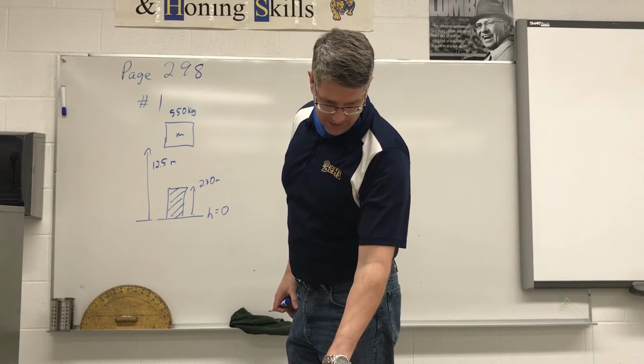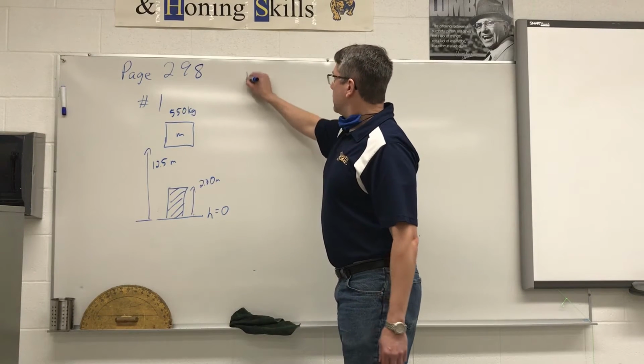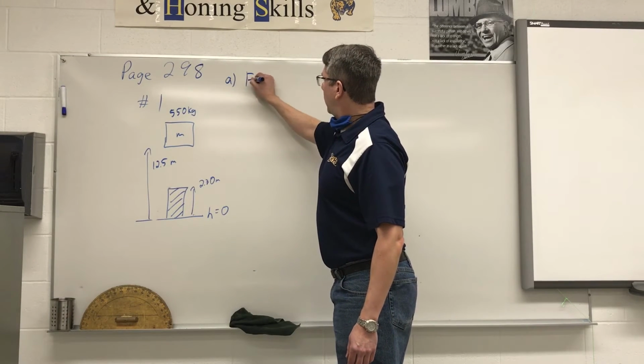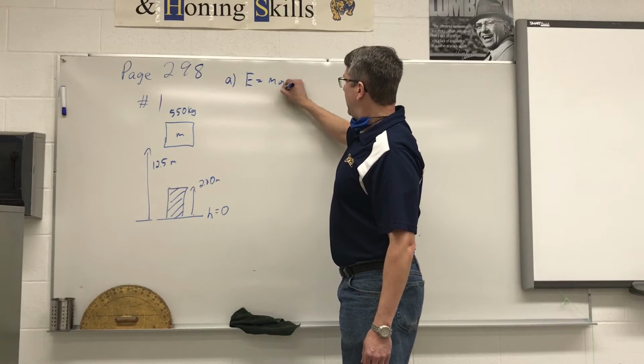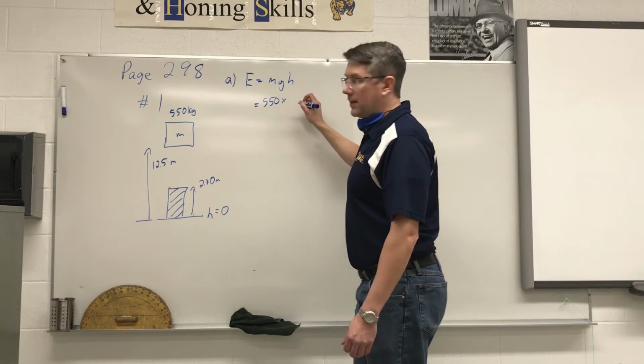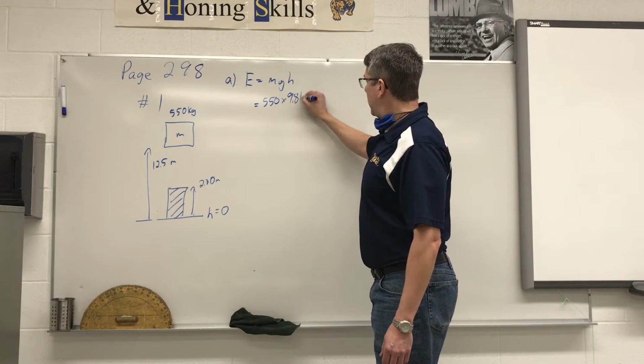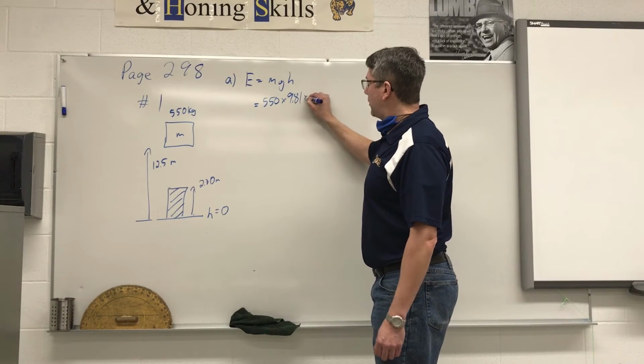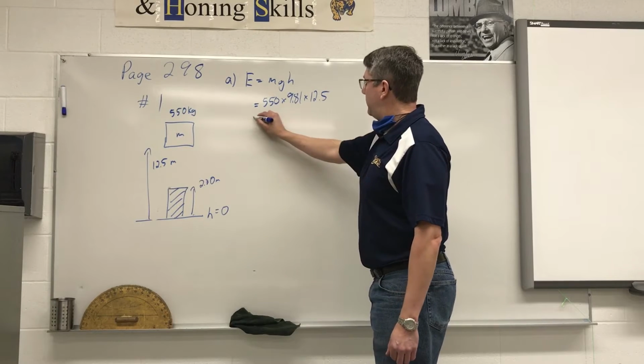Part A, at the highest point. Our gravitational potential energy will be mgh. So our mass is 550 kilograms times g, 9.81 meters per second squared, and our height is 12.5 meters.